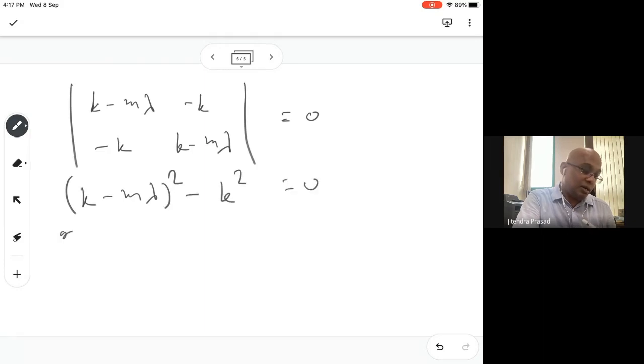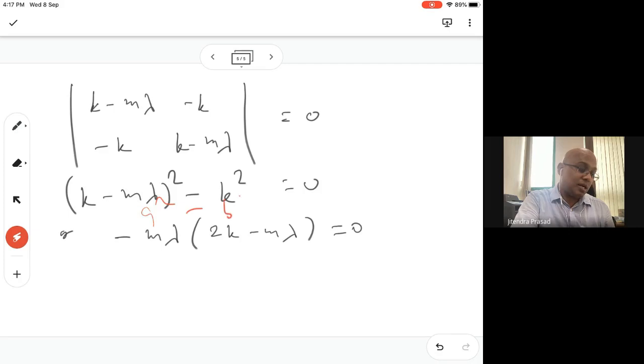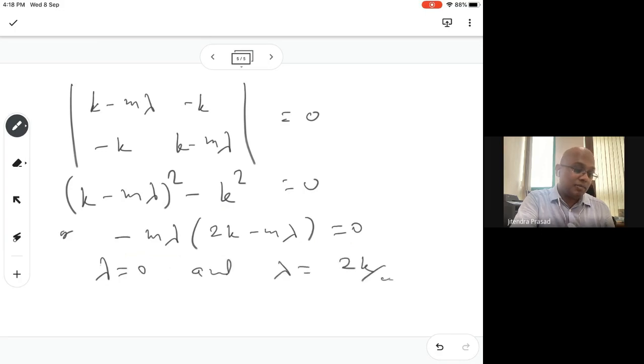Using a square minus b square equals a plus b times a minus b, you get minus m lambda multiplied by 2k minus m lambda is equal to 0. From here we get lambda equal to 0 and lambda equal to 2k over m.